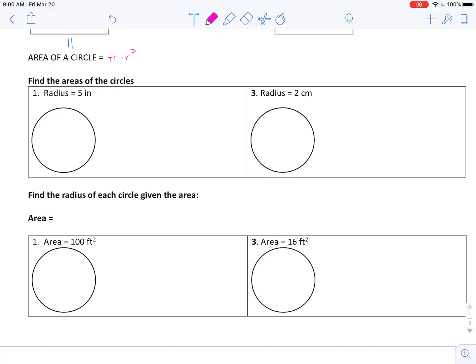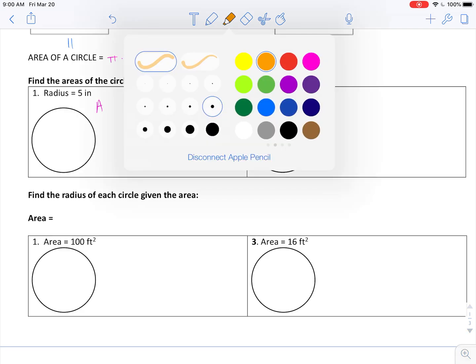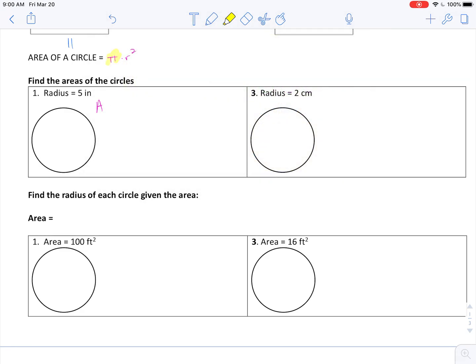All right, now area of a circle, if you remember, that's pi times r squared. So you're given the radius. I want you to find the area. And this is radius. So where do I substitute the radius in? Where do I put that radius length in my pi r squared equation? Well, I'll just substitute that in for r.